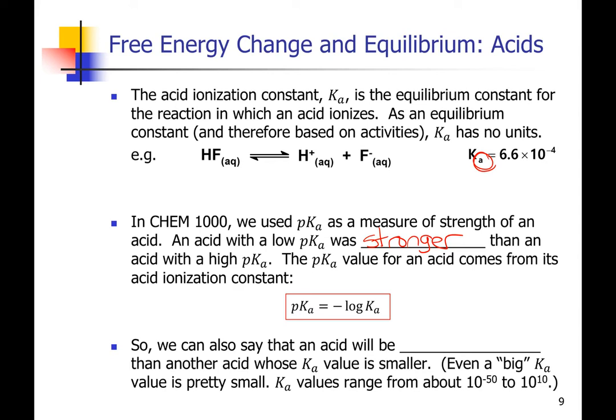If you need to get to the Ka value from the pKa value, we can rearrange this equation to get equilibrium constant Ka equal to 10 to the minus pKa. And so therefore, if we're saying that strong acids have low pKa's, then we're saying that the strong acids have large Ka's.